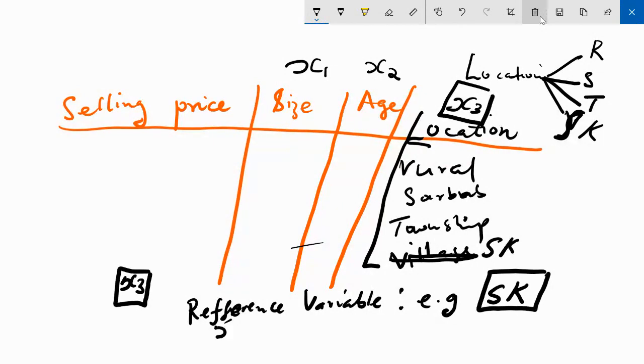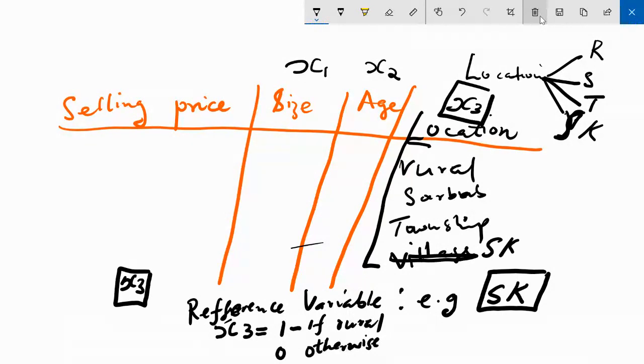Which means now we'll have X3, which goes with 1 if rural, 0 otherwise. So let's understand this statement.